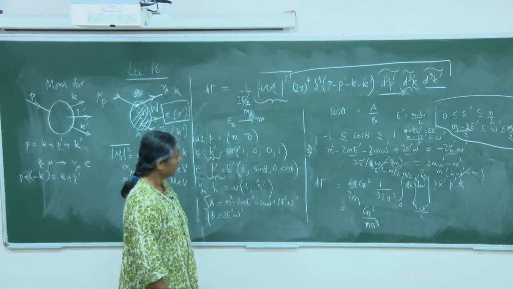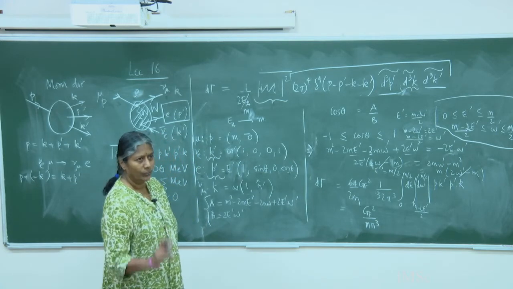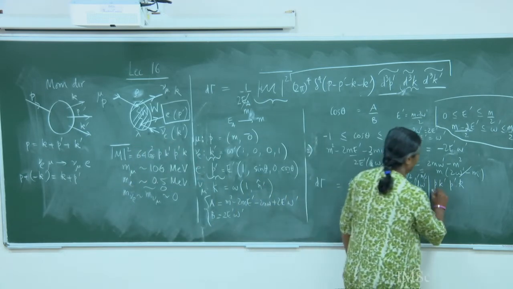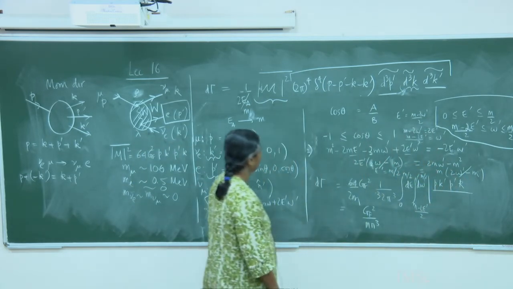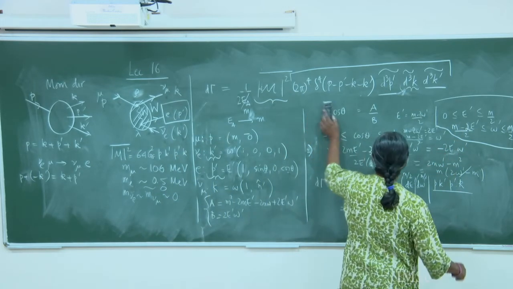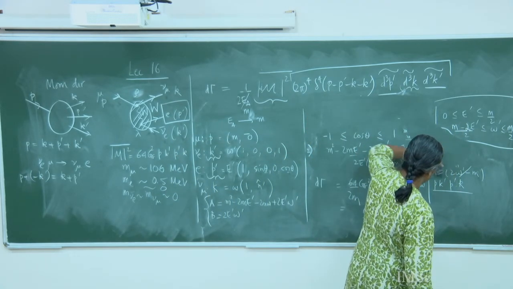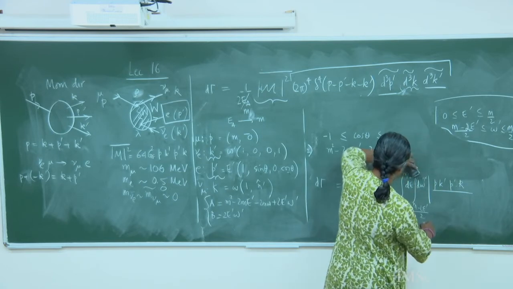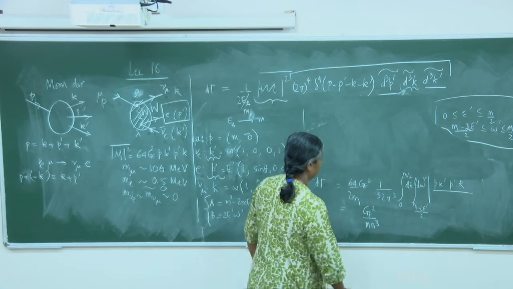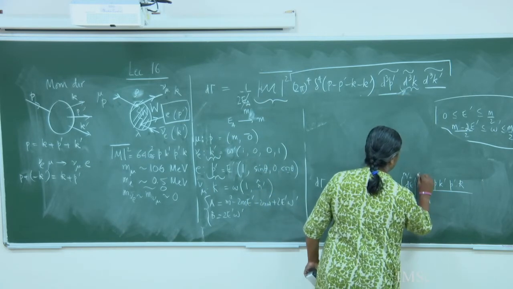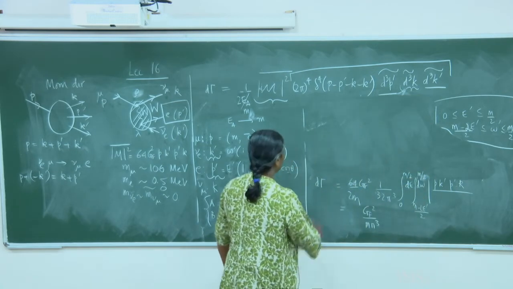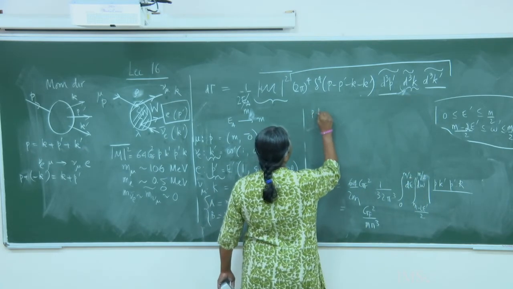So is it okay? We have only one more thing to do before we can complete this integration, and that is to write these two quantities properly. So I am going to remove all this because I have got the limits over here. I am going to remove this thing and keep only the integration. If you can't see the limits of the integration, it's anyway over there. What do I do with p dot k prime?